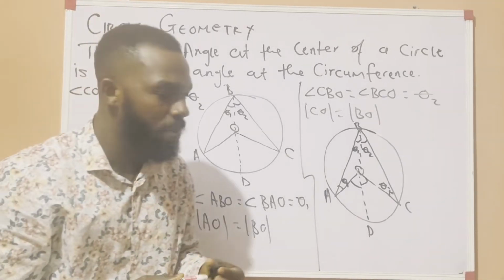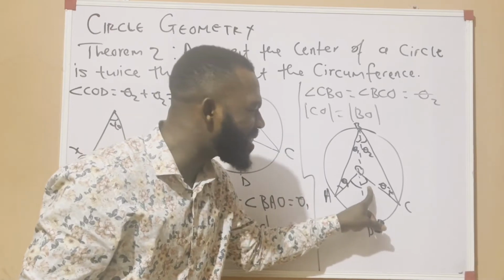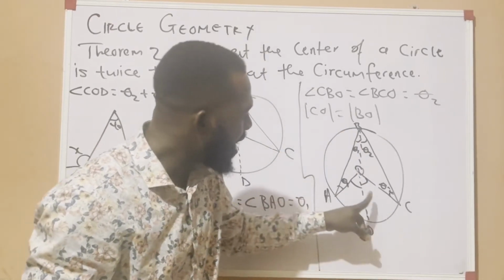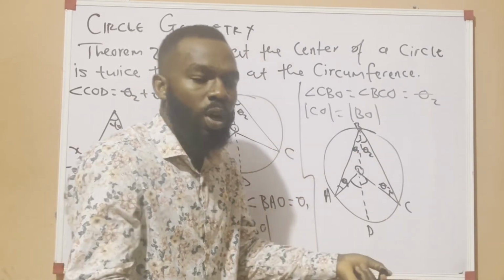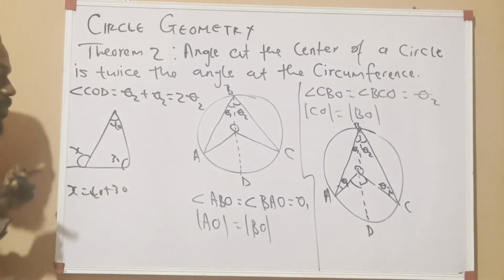So if we come here now, this angle here, COD, is the exterior angle of triangle BOC, and the opposite interior angles are theta 2 and theta 2. So what does that mean? It means we are going to add them together to get 2 theta 2.